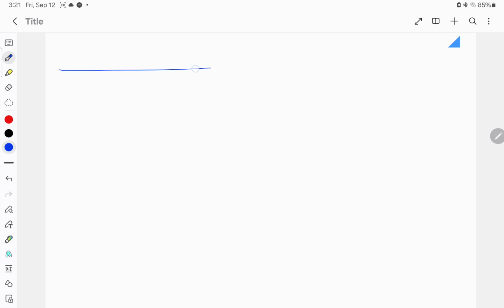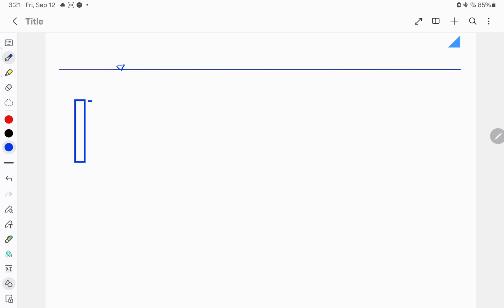So let us say this is the water surface line, and I have a surface below this. If I look at it from the front view, it looks like this.